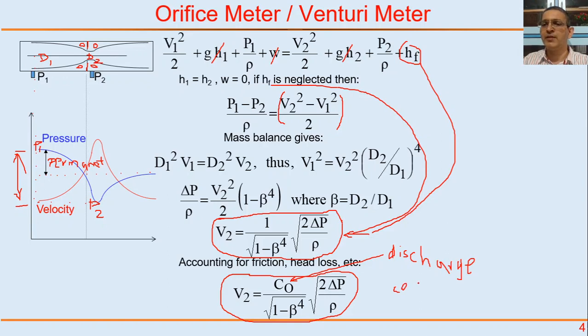Last class we have seen the discharge coefficient of valves, or valve coefficient CV. They are the same. That formula and this formula are the same. Only thing is that formula was in terms of flow rate. So if you had multiplied by area, you would have got the flow rate.